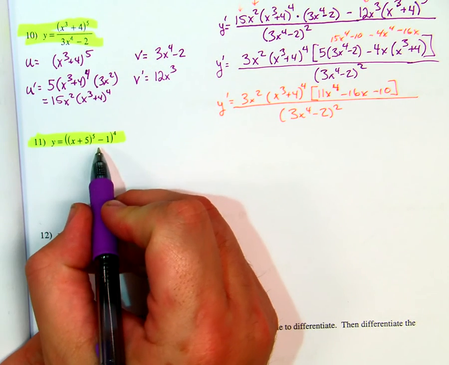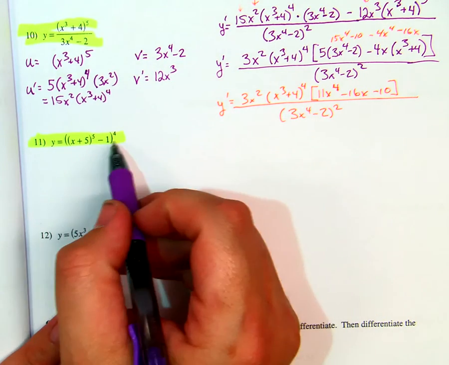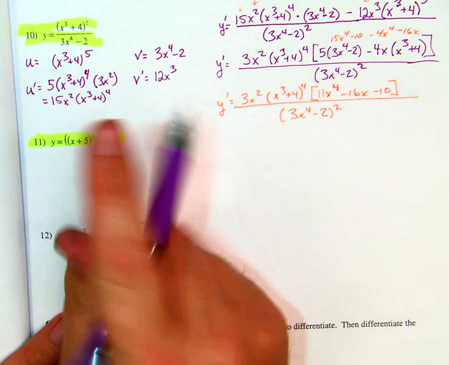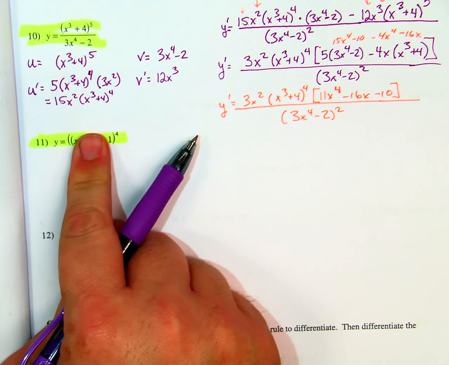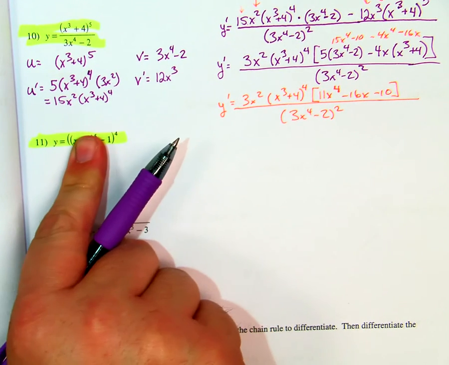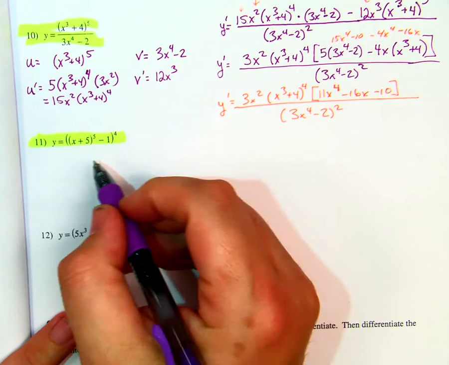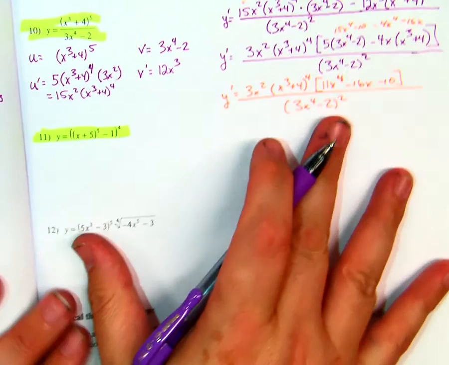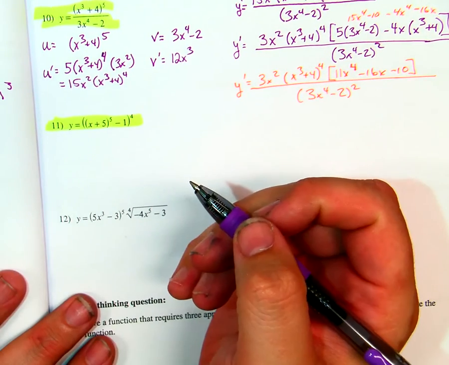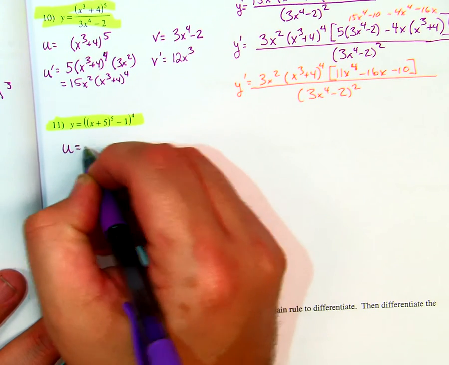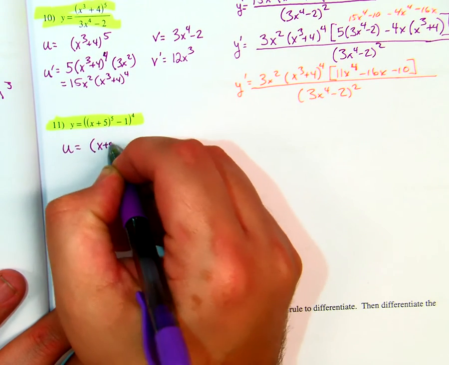All right. This is just a power rule to start with. If you covered up everything here, it's just... well, here's where I would actually use a u. I would say u is equal to x plus 5 to the 5th minus 1, because that's all the stuff that's the inside.